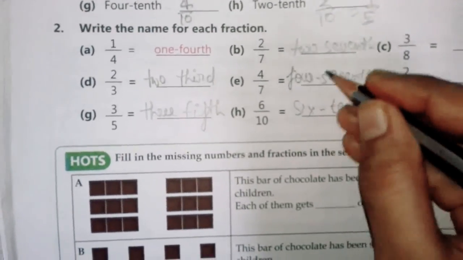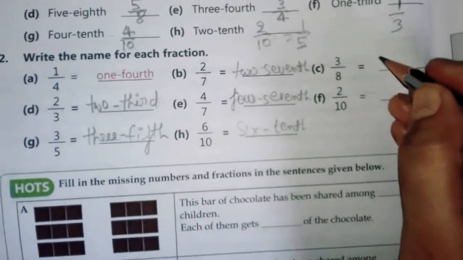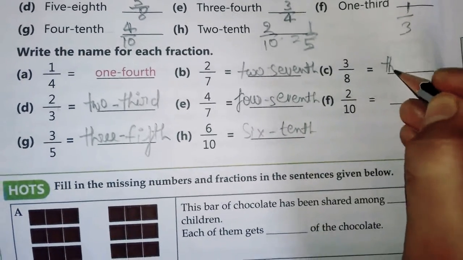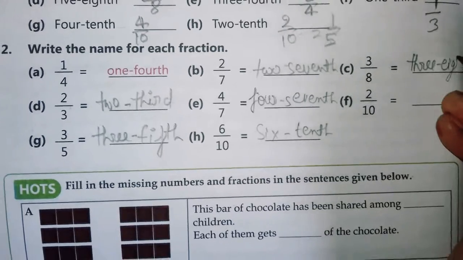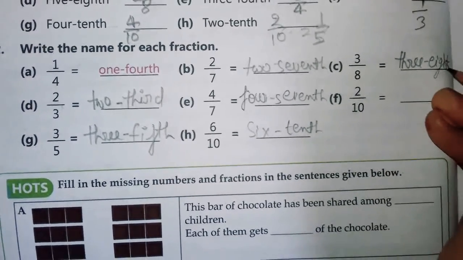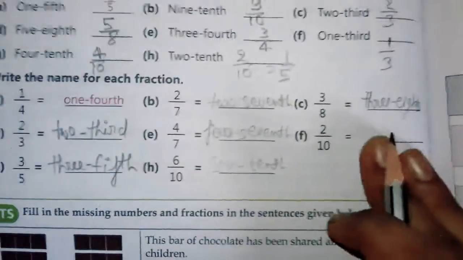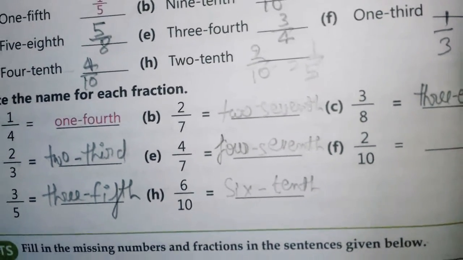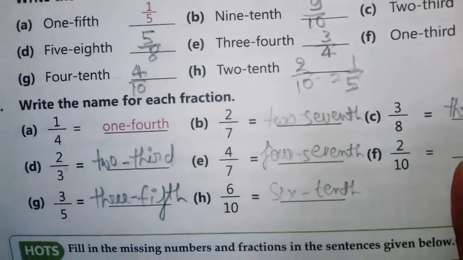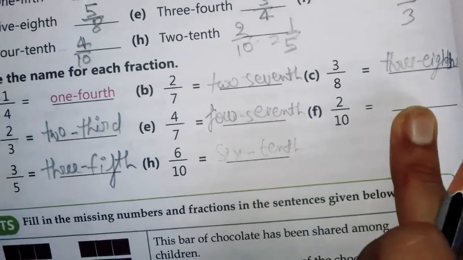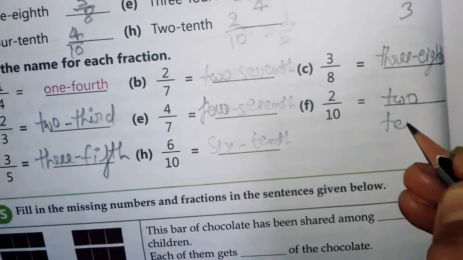Make a dash between these two words. 3/8, EIGHTHS. Okay, 3/8, THS. Okay, 2/10, 2/10.